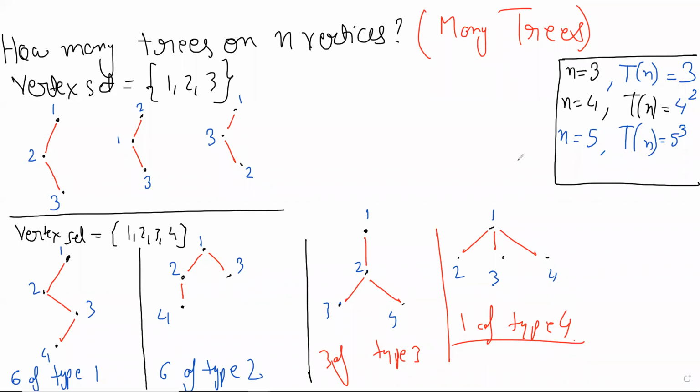So unmistakably there is a pattern. So what should be the formula on n? Does everybody agree with that?